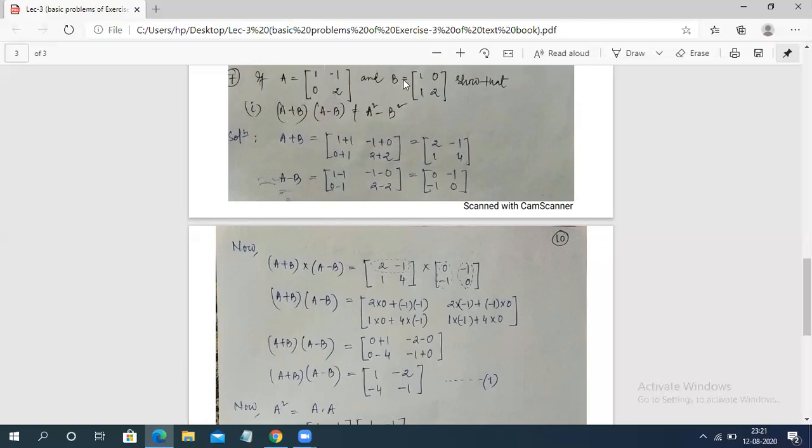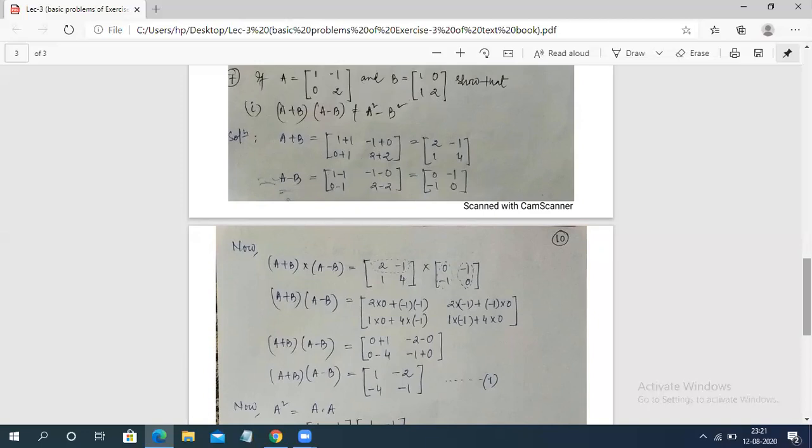So 1 gets subtracted from 1, and so on for the other elements. So we are having this matrix A minus B. So 0, 1, minus 1, 0.